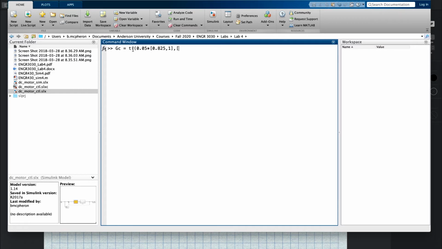In the denominator, I've got 0.33 times [0.825, 1]. I'll take the margin of the series connection of the original transfer function, in series with GC, and then hit enter.